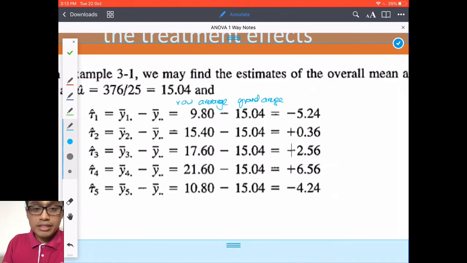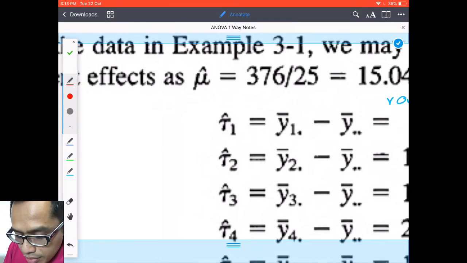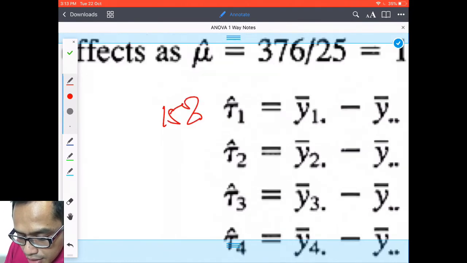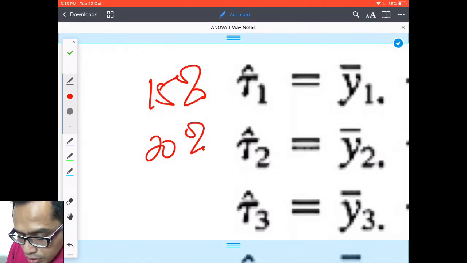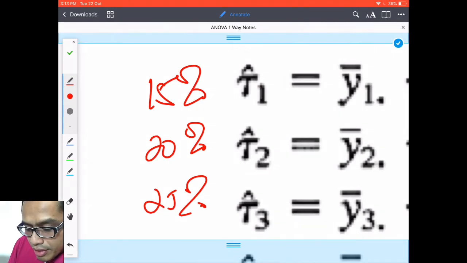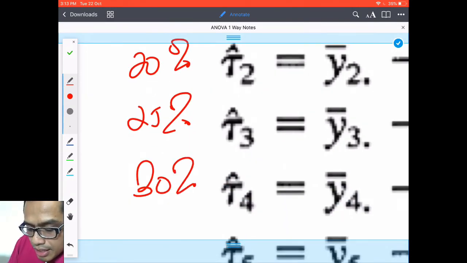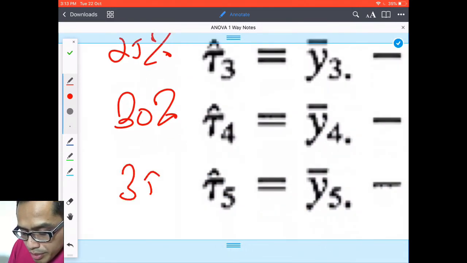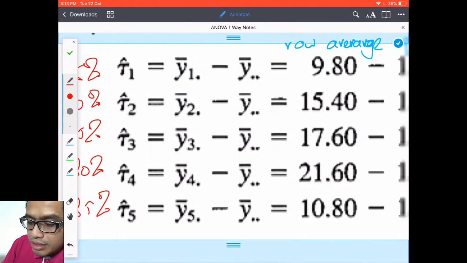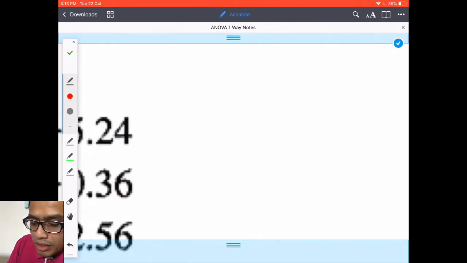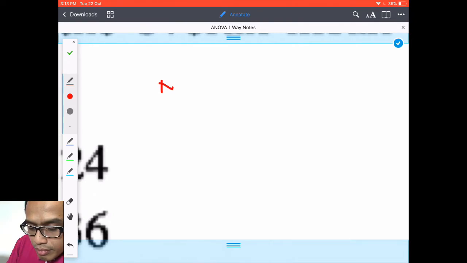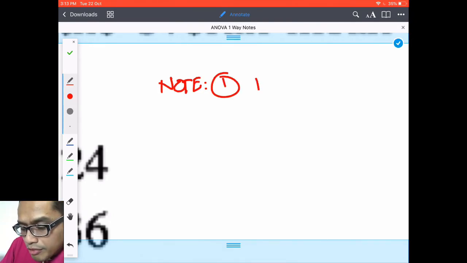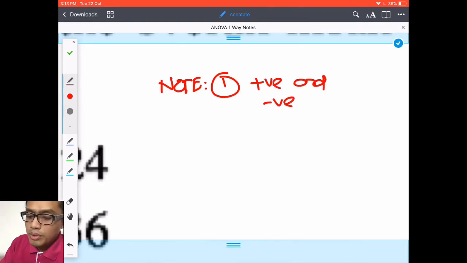Why is it exciting? First, this is for 15% cotton, this is 20, 25, 30, and 35%. For the result, you need to look at 2 things. Number 1, the positive and negative value.